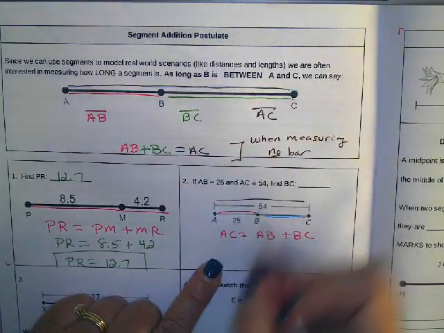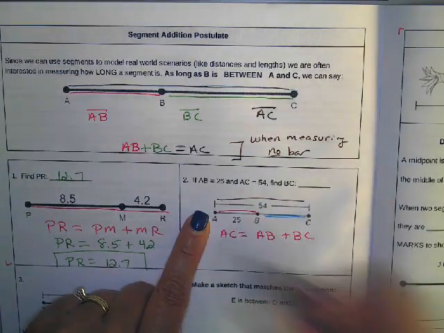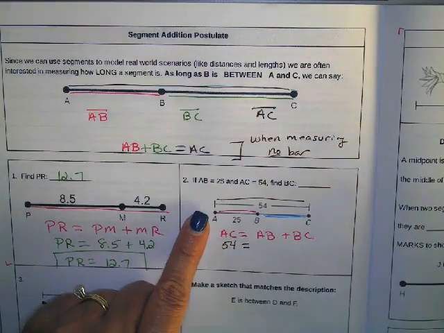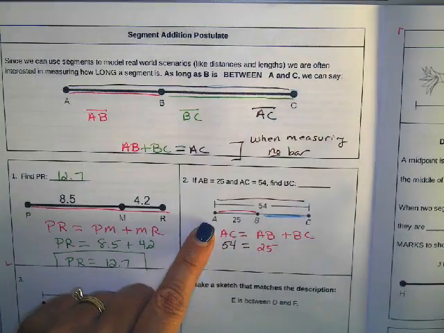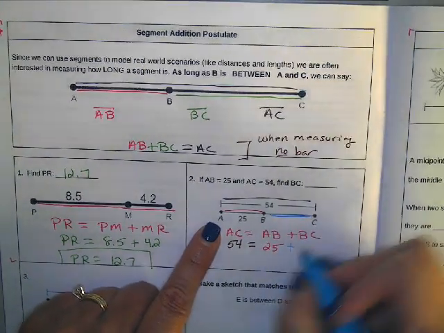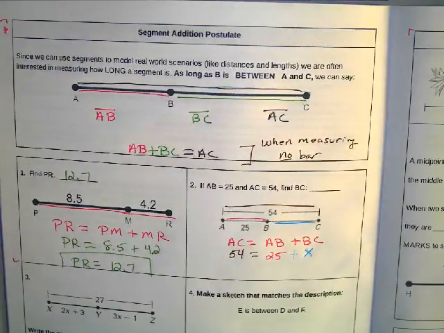Now, if we fill in the associated numbers, AC is the whole thing, and that is equal to 54. AB was 25, and BC was what we don't know. And in math, when we don't know what something is, that's what we call X. We label it as X. That's what we do a lot, right?